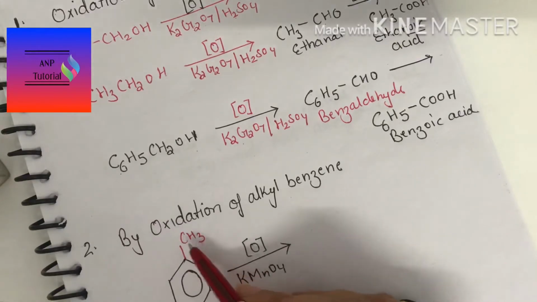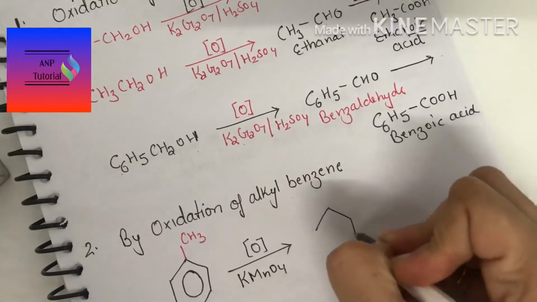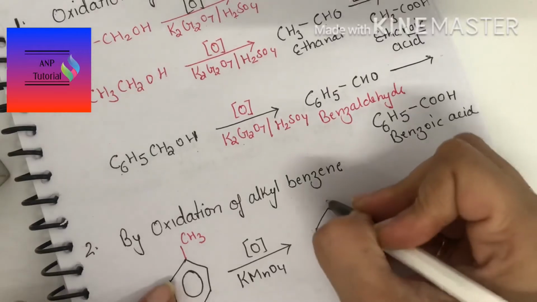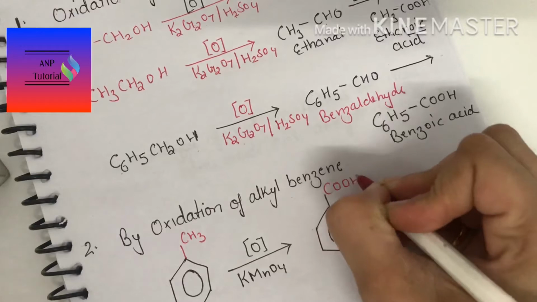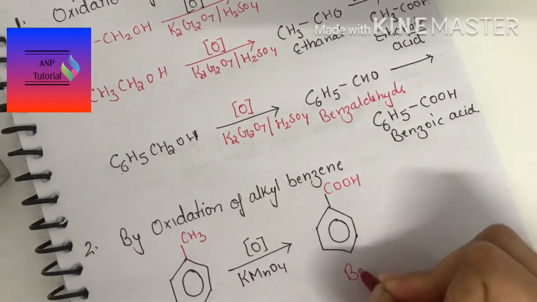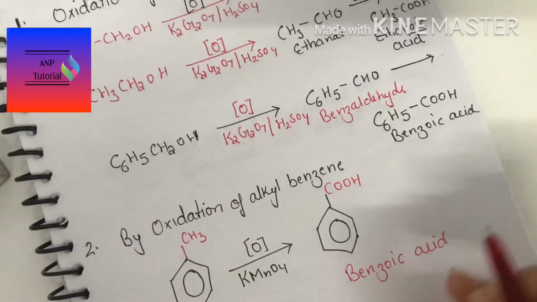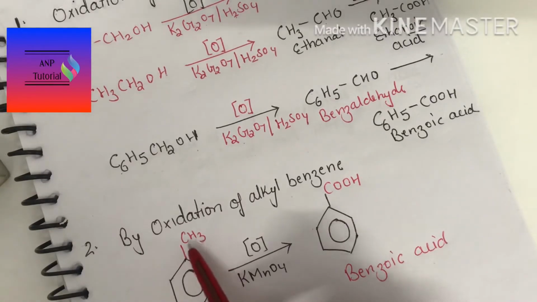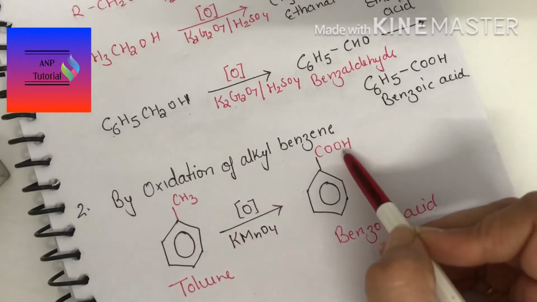This methyl group changes into the carboxylic group. How? Like this: the same benzene ring and this COOH group. It is benzoic acid. Whatever the length of the attached alkyl group, it is converted into simple carboxylic acid.